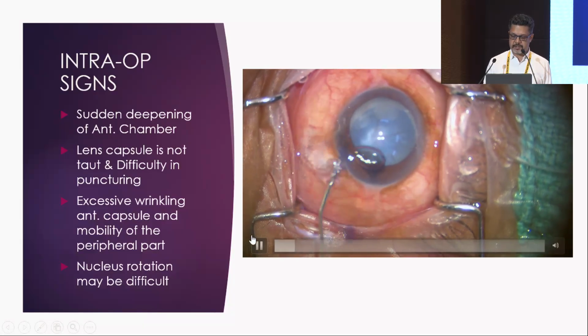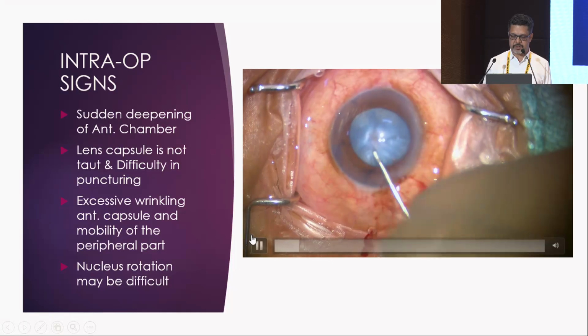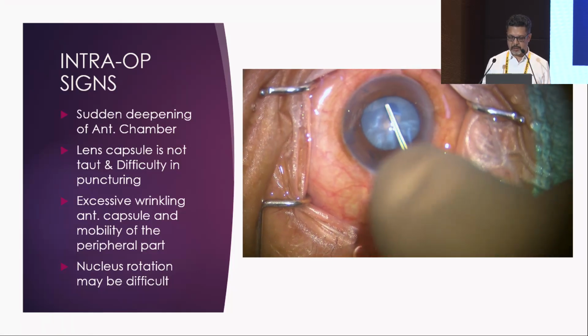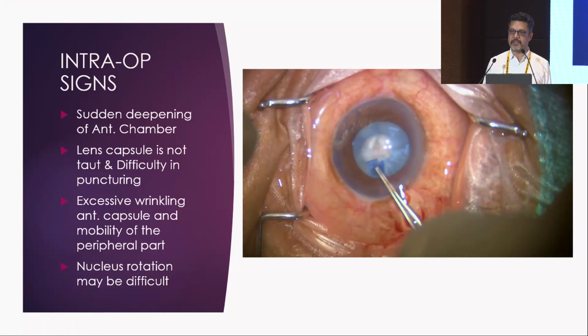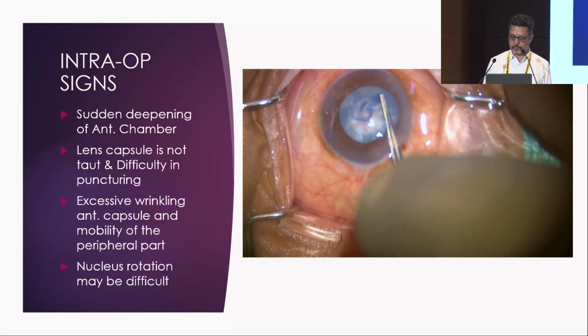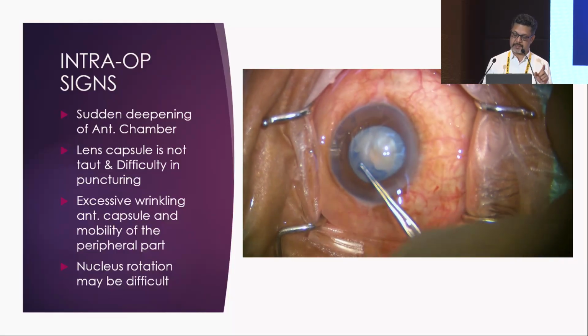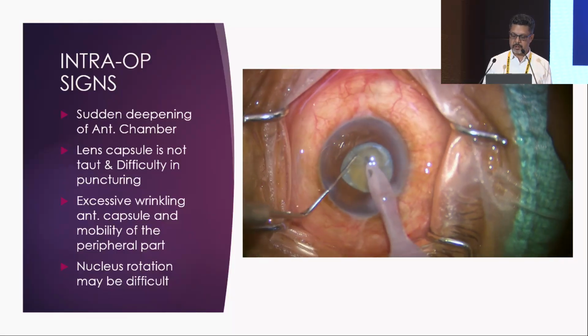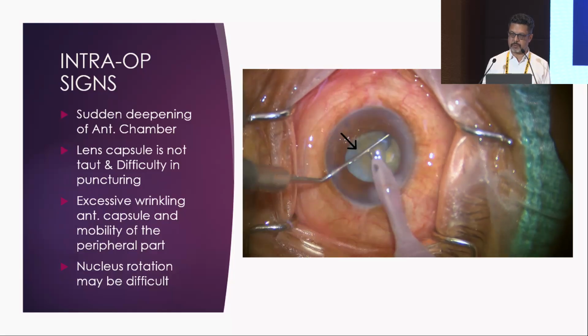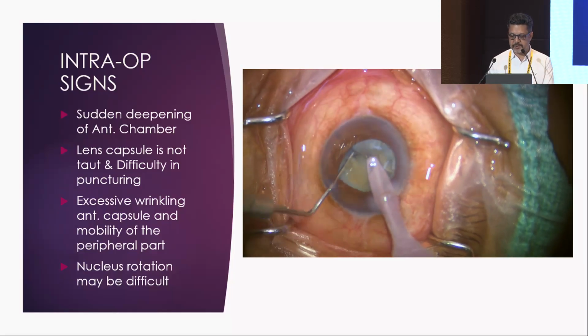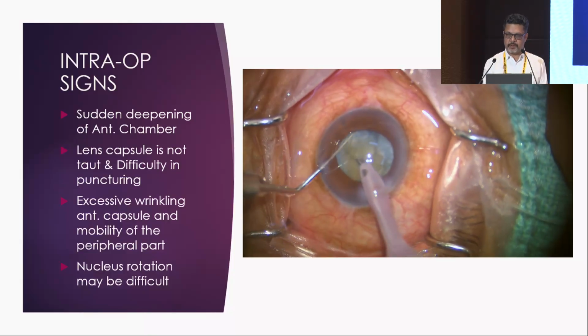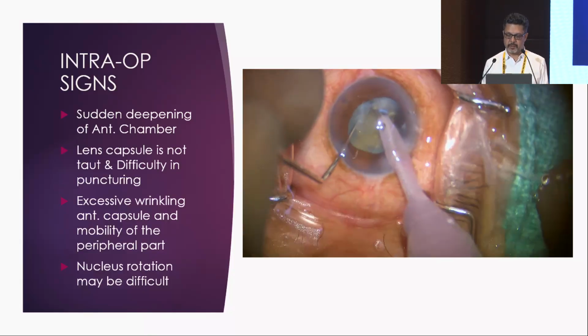So here is a case, a very shallow AC. You could see the anterior chamber depth was very narrow, it's 1.4 millimeters, and the axial length was not corresponding to that. It had a very high intraocular pressure, about 44, so we did it under mannitol. What I want to signify in this is that you will see the loss of movement of the entire capsular bag.